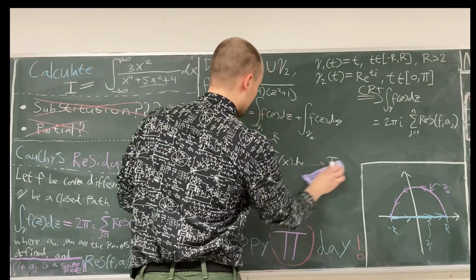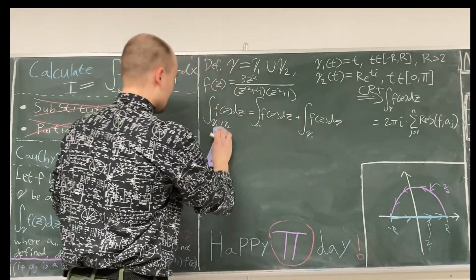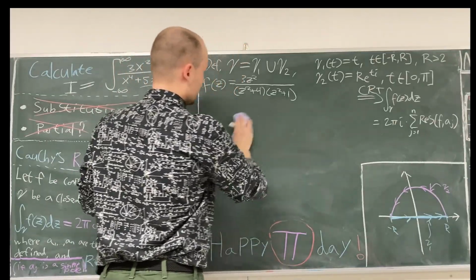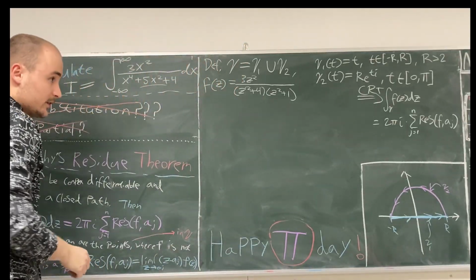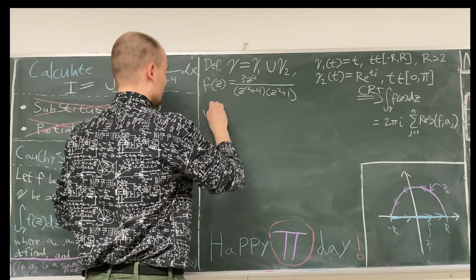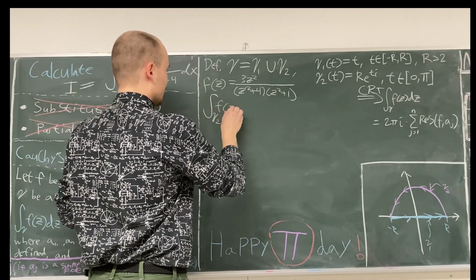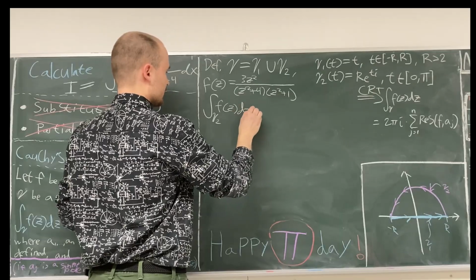And now let's do some work on the integral of f over gamma 2. So I'll just get rid of this so we have some space. So, alright, this is going to be a little more challenging to work with.